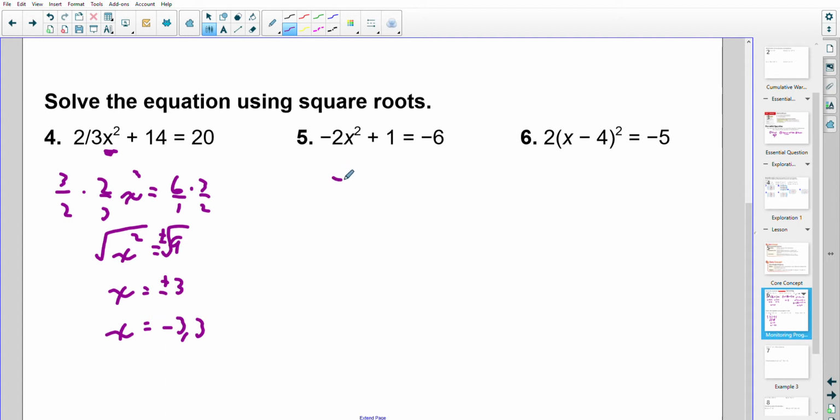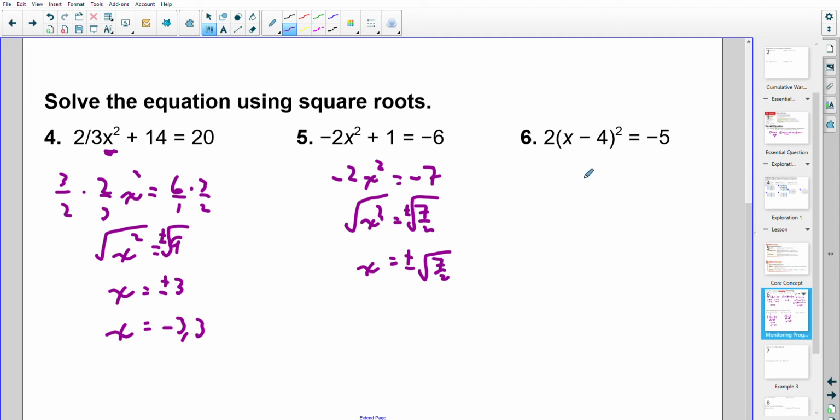So similarly, you can solve this one, and that's going to be x squared equals 7 halves. And if this were negative, you'd have no solution. But again, taking the square root, positive or negative, x is equal to plus or minus the square root of 7 halves.